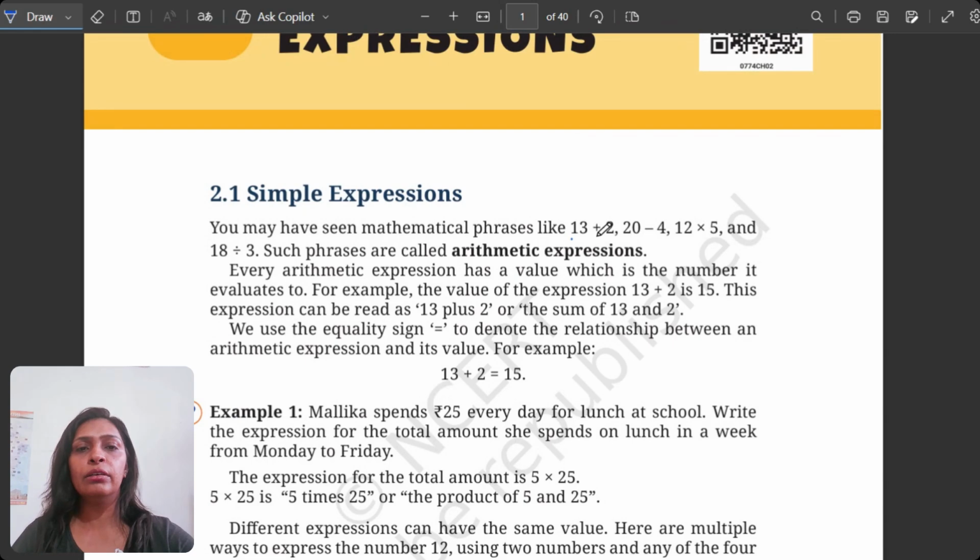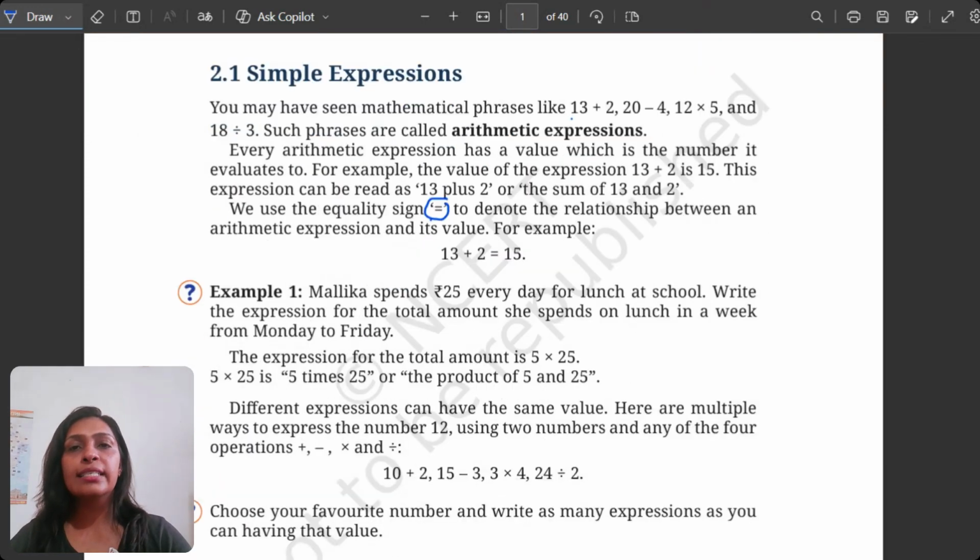We have the basic operations in mathematics: addition, subtraction, multiplication, and division. Any numbers can be connected using any of these operations. The equality sign is represented by the equal to sign.